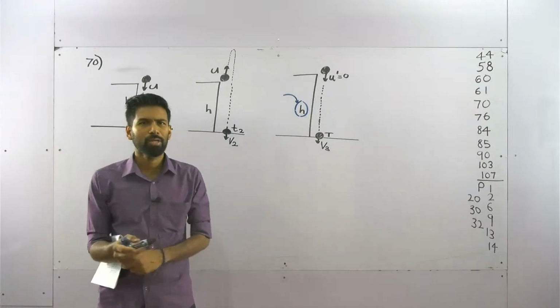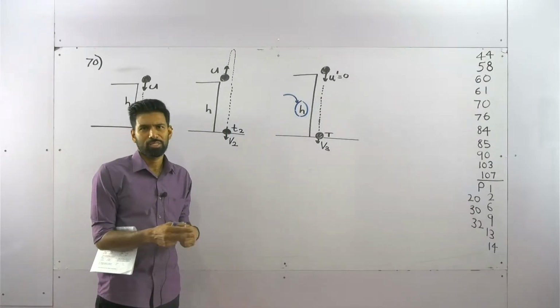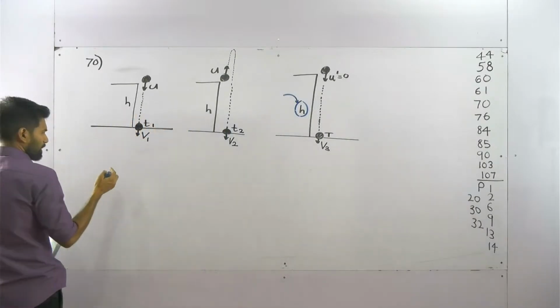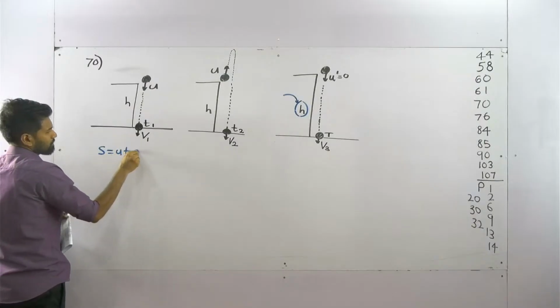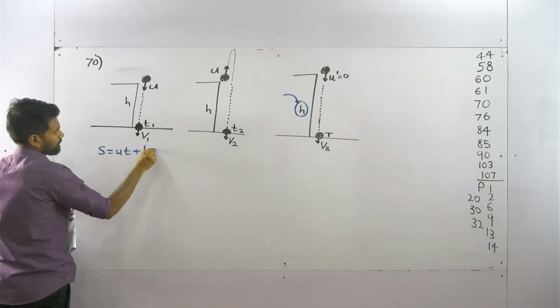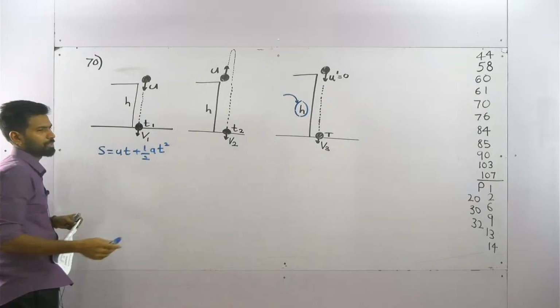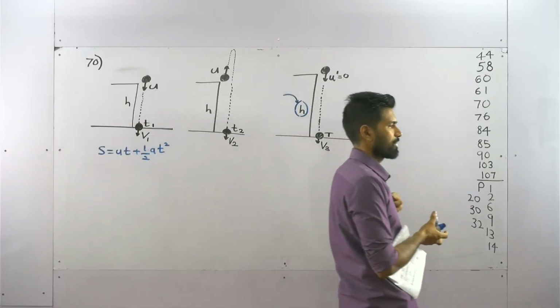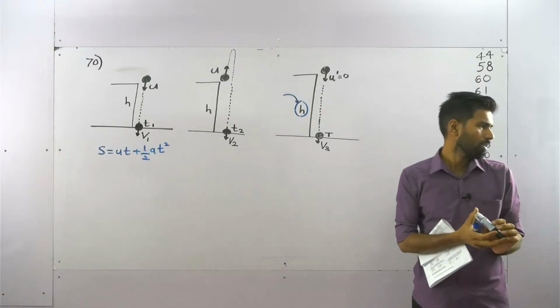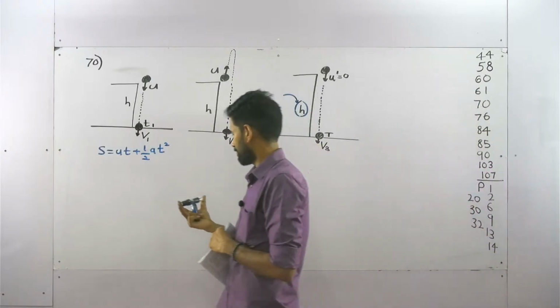So what is the equation where the final velocity is not present? It's s equals ut plus half at square.